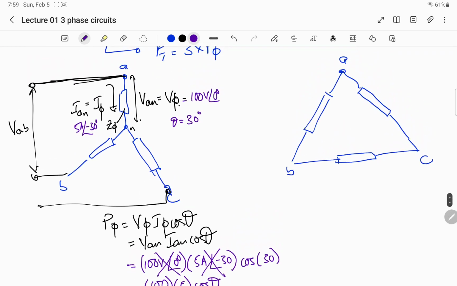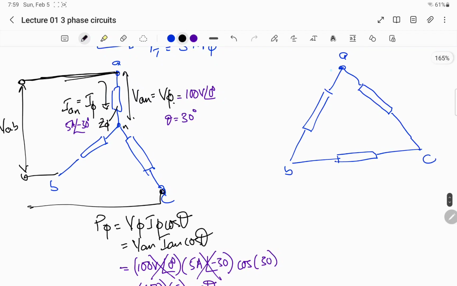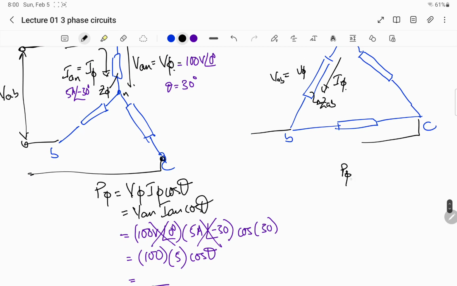Similarly, if you look at this case for a delta load, here V phase equals to VAB. There is a difference between Y load and delta load. Here we can calculate I phase as you have seen before. We have ZAB. So again we can calculate P phase equals to VAB, IAB, and cos of theta, and only the magnitudes of this will come here and the angle between them will come here.